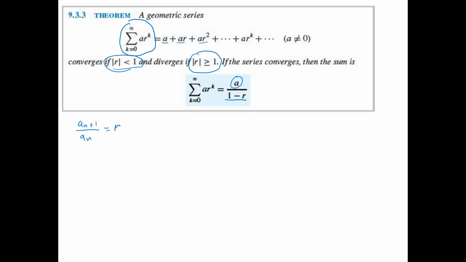A lot of the series that we came across in our later sections, we don't really know what they converge to. We only know that they converge or diverge. But when you can find a closed form formula for your sequence of partial sums, then you can take the limit and find your sum. And for a geometric series, we don't have to do that. We have a formula for all of them.